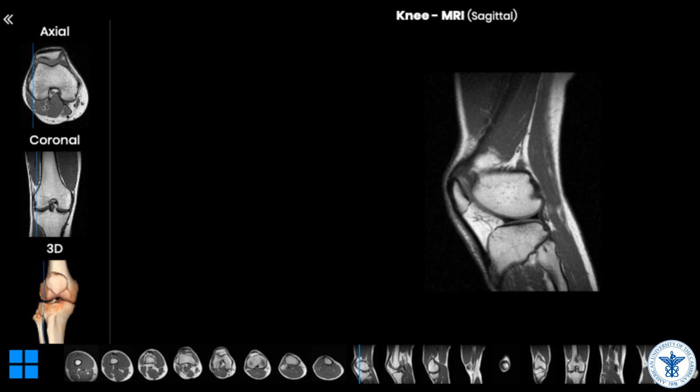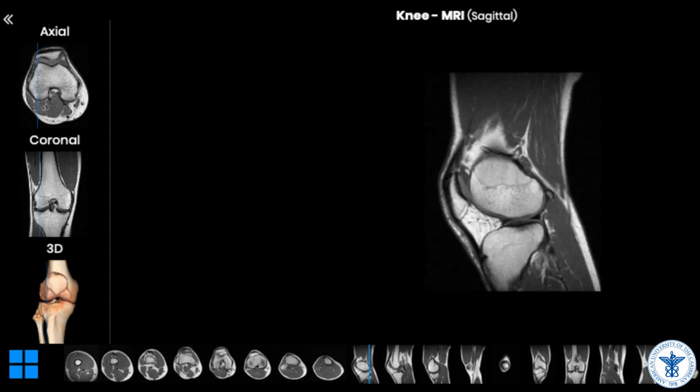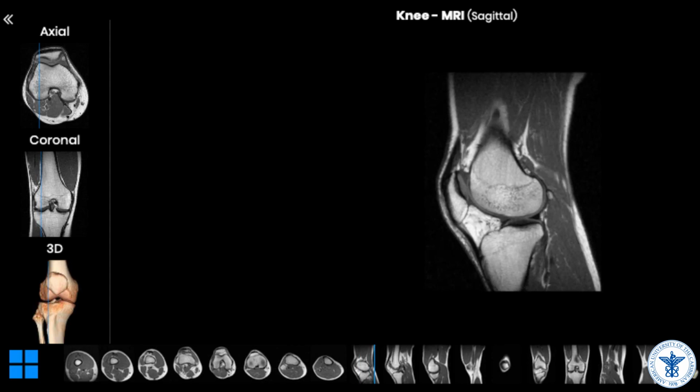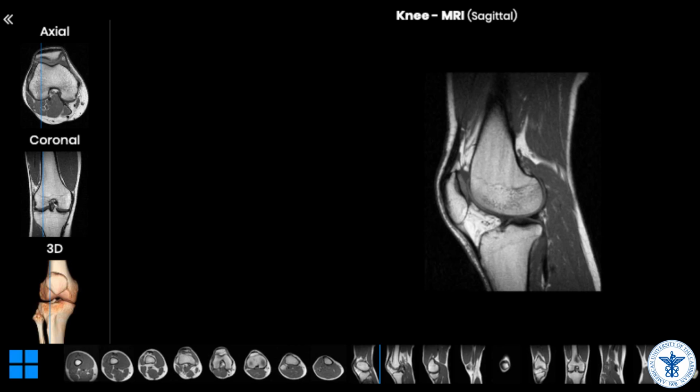And posteriorly you do see the biceps femoris above and the lateral head of the gastrocnemius muscle with the tiny plantaris longus muscle.